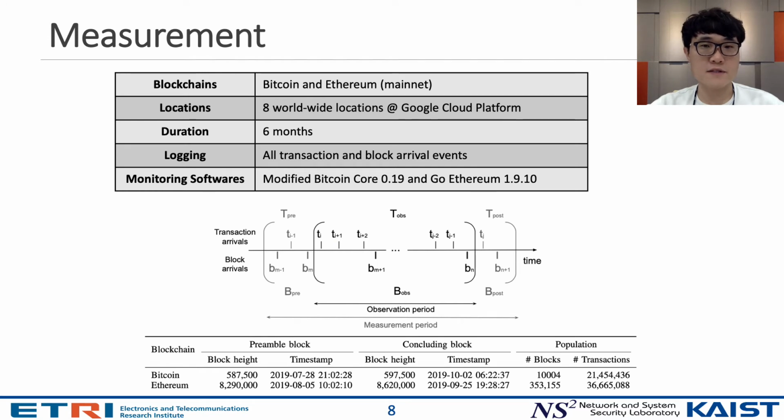For our measurement, we modified the reference implementations of Bitcoin and Ethereum to log all received transactions and blocks. We have deployed our software at 8 network locations of Google Cloud. However, we have encountered a number of problems by which our measurement data is incomplete. We had to deal with those problems very carefully for precise and sound analysis, and you can find the details in our paper.